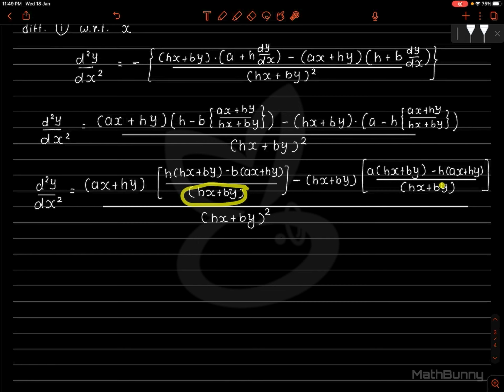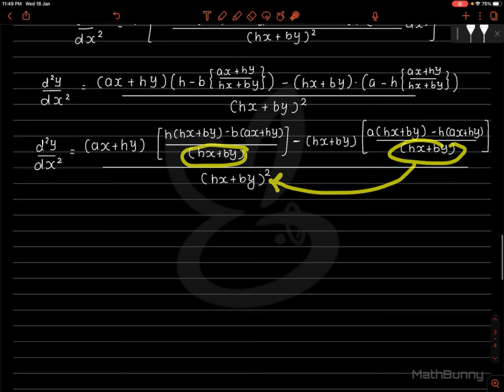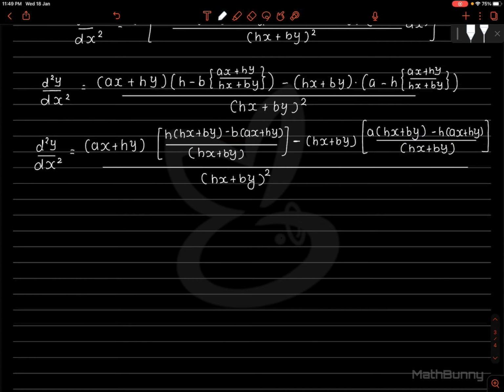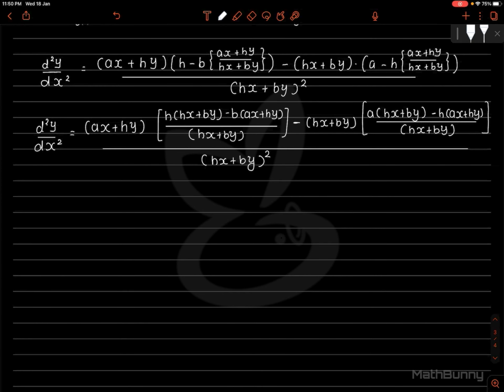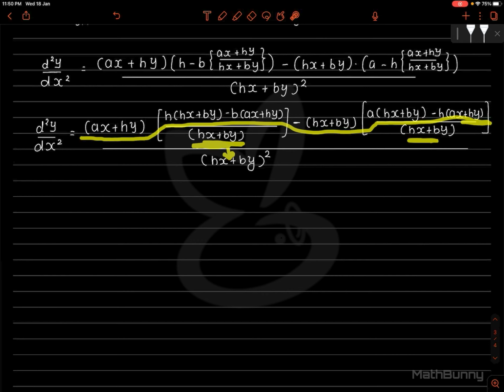This denominator will multiply to this denominator and it will become (hx plus by) whole cube. So now we just have to simplify this numerator, right? Because both denominators will multiply and become (hx plus by) whole cube.